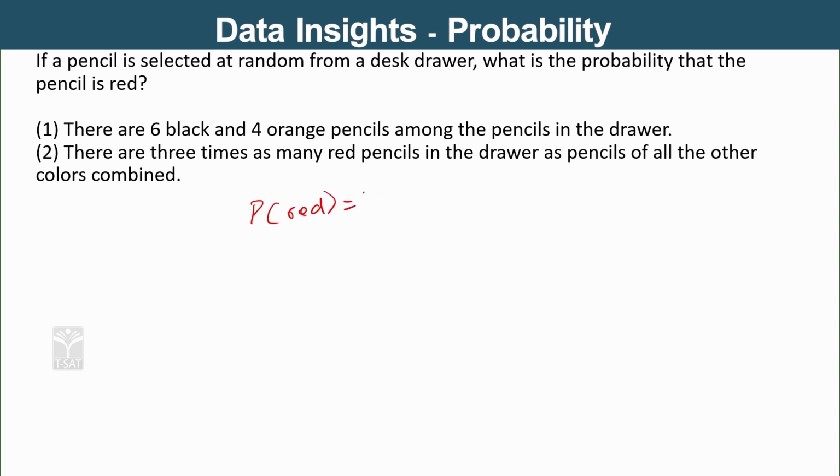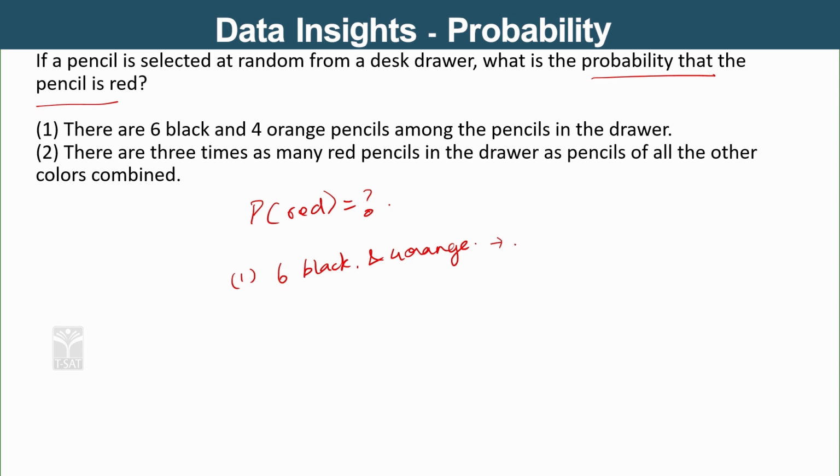What this equals is what your question is asking. Statement 1 says there are 6 black and 4 orange pencils in the drawer, but they do not say anything about how many red pencils there are and how many other colored pencils there are. We have no information about that.